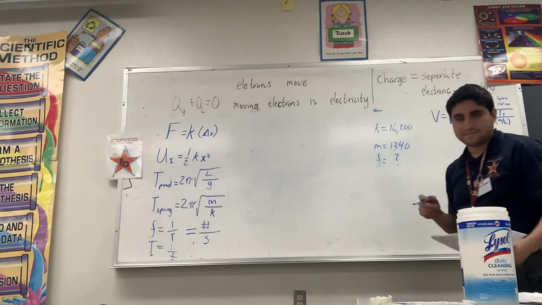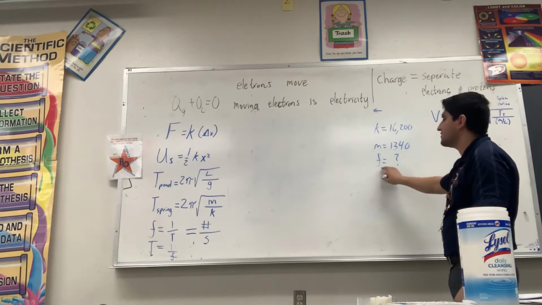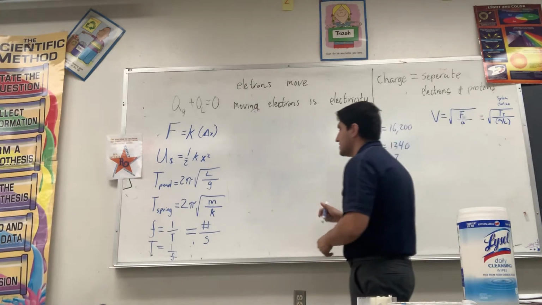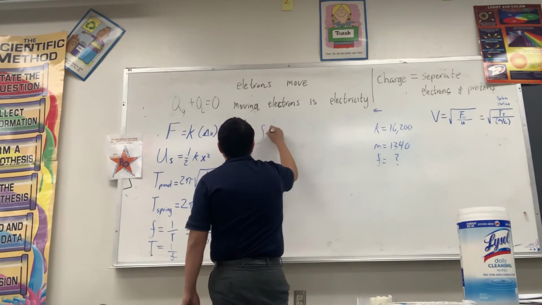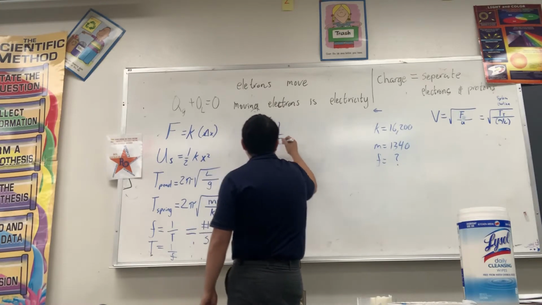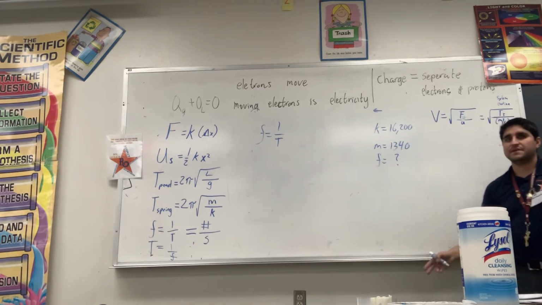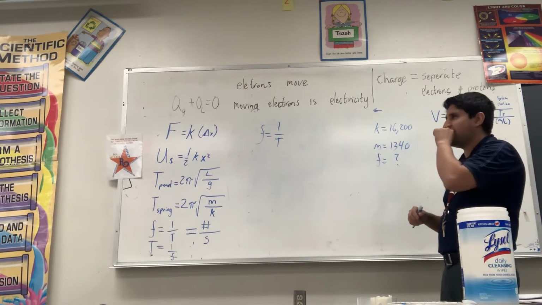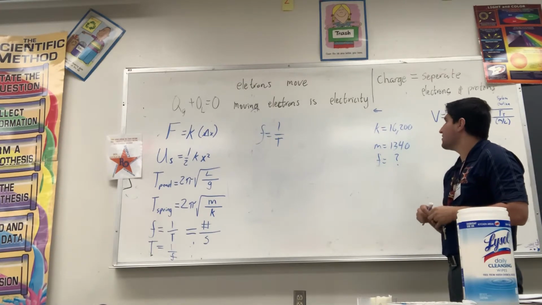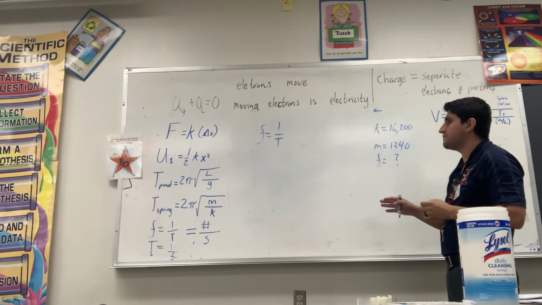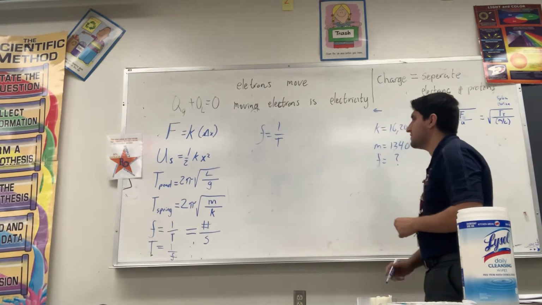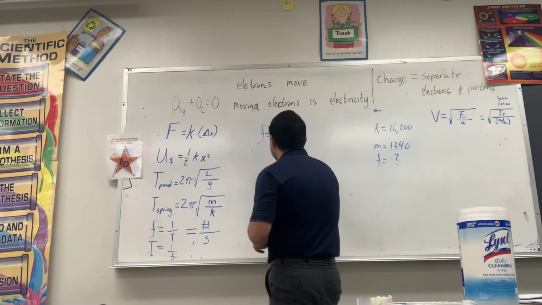I need an equation that deals with frequency. That's 1 over the period, but I don't know the period. So classic Martyr, more than one step. How do I find the period? The period is 2 pi times the square root of m over k.